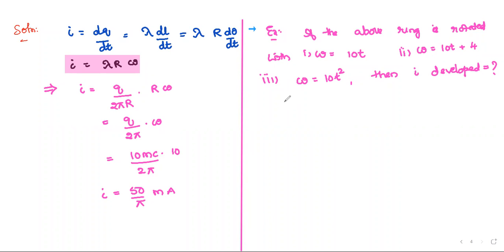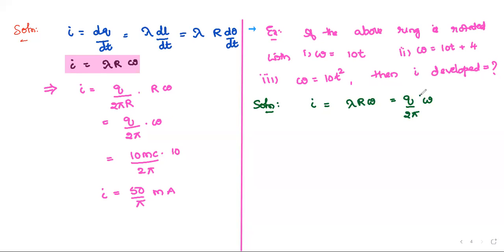Are you following my point? I is equal to lambda r omega, which is nothing but q by 2 pi into omega.